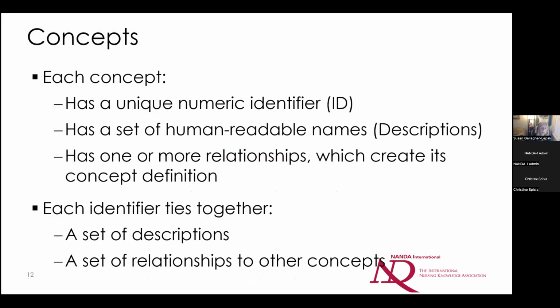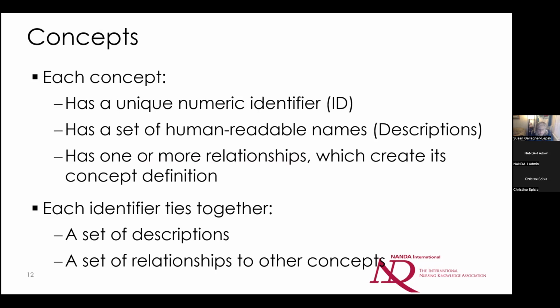So each concept has a unique numeric identifier, which we saw there in our example of gastric ulcer. And then it has a set of human readable terms, which are these descriptions. And it's going to have multiple descriptions, and we're going to talk about those.